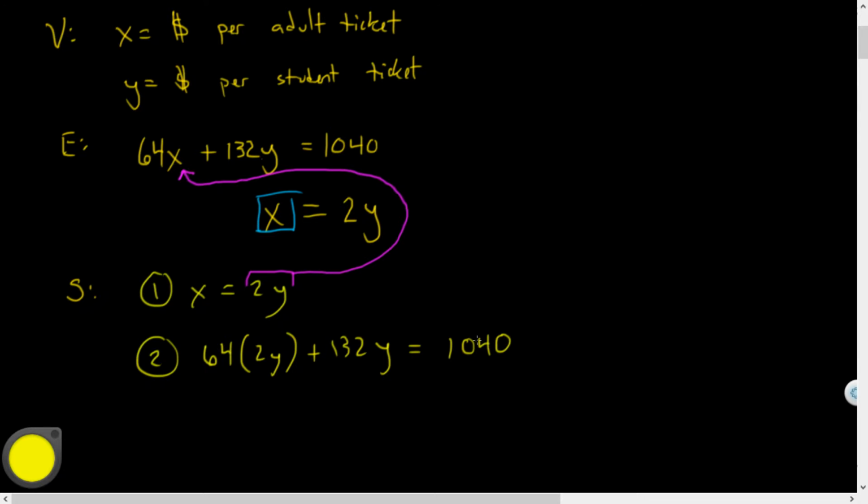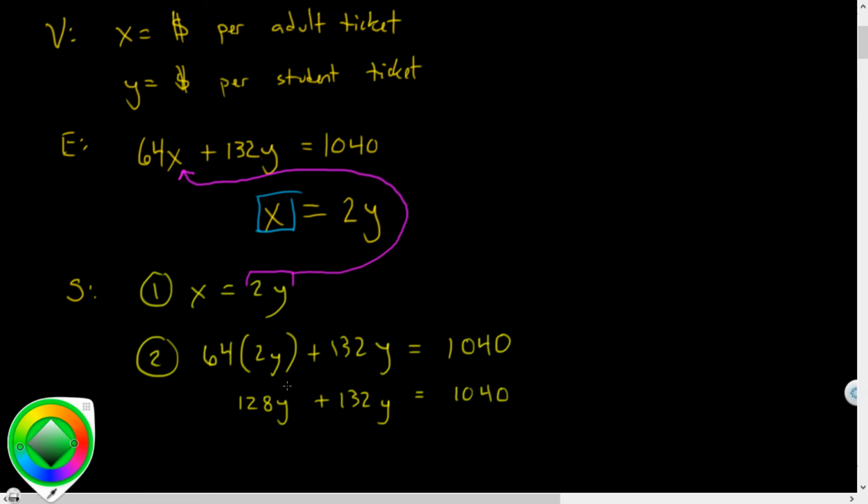These are looking like calculator numbers here. So 64 times 2y is going to be 128y plus 132y. I'm just simplifying here, and I'm going to solve for the remaining variable, the y in this case.